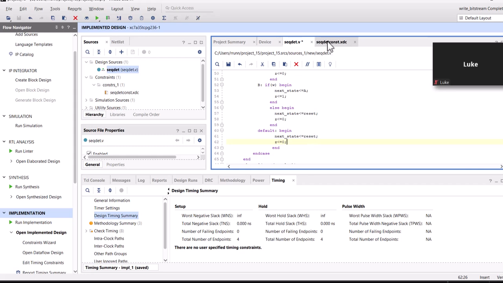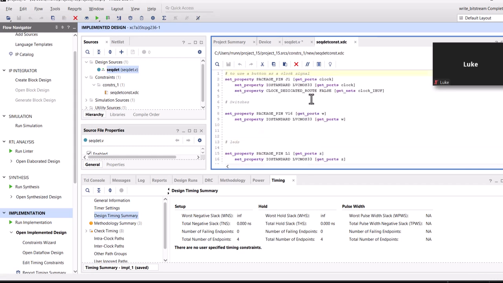Let me look at the constraints. What I like to use for my clock, and you'll have to ask for it in the lab, is a little external module whose button is debounced. That means that with the regular buttons, a lot of times it double clicks, but this one doesn't.